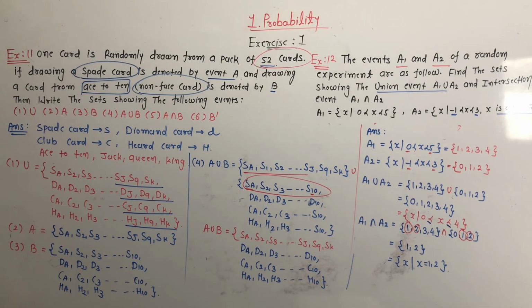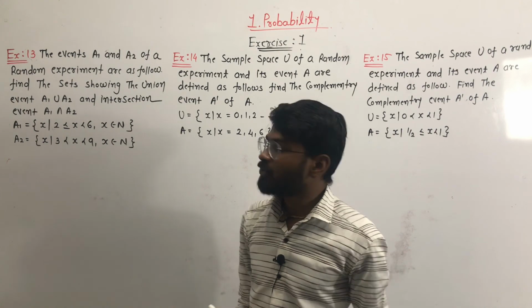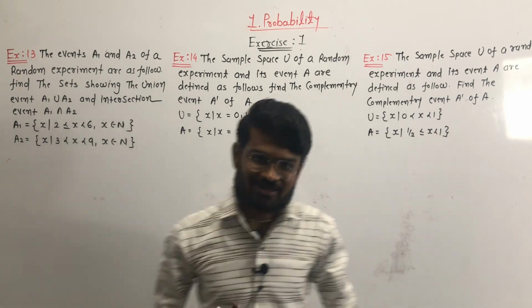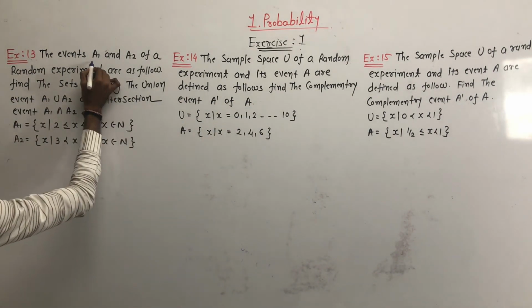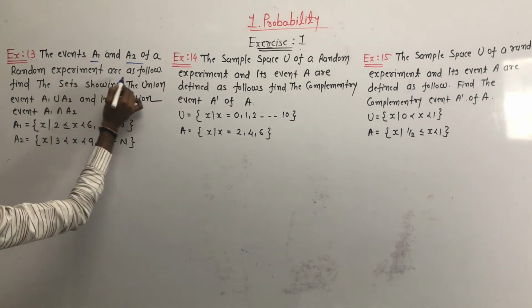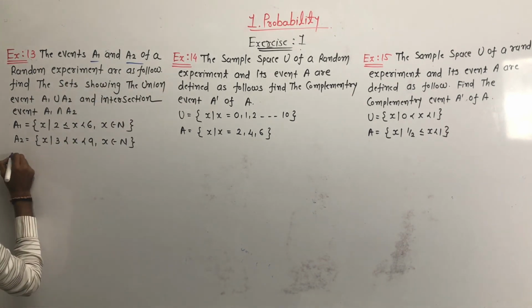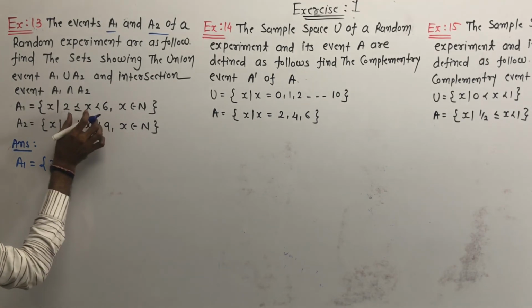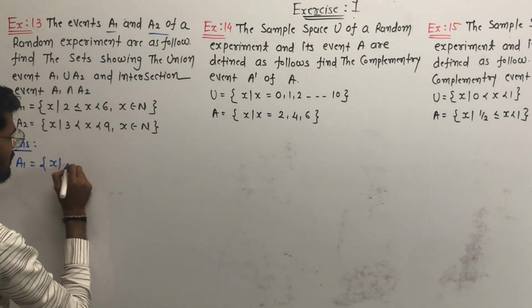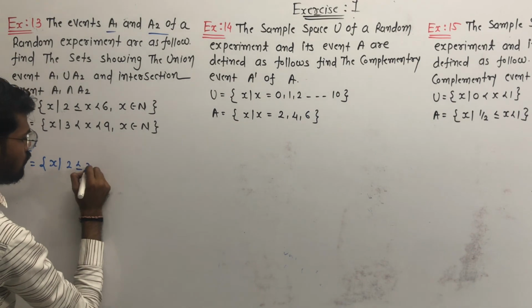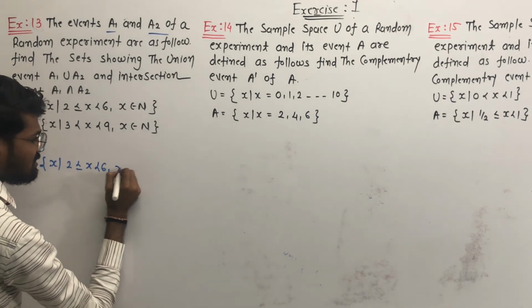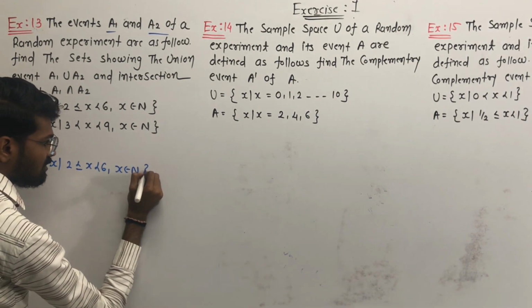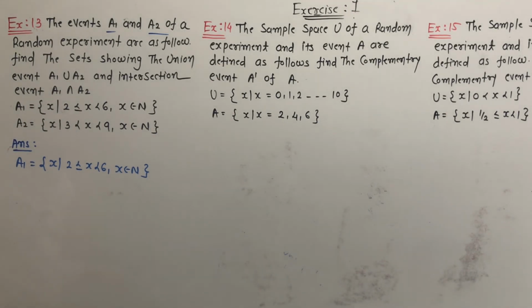Done. Okay, now we are going to solve example number 13. Example number 13 says the events A1 and A2 of a random experiment are as follows. Here the events A1 and A2 are given. A1 is equal to x, where x is in between 2 to 6, and x is from the integer numbers, x is a subset of integers.